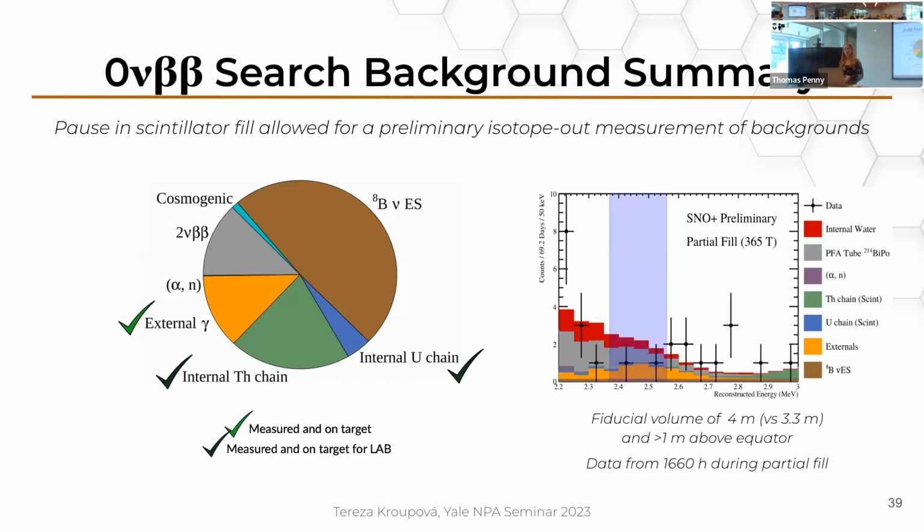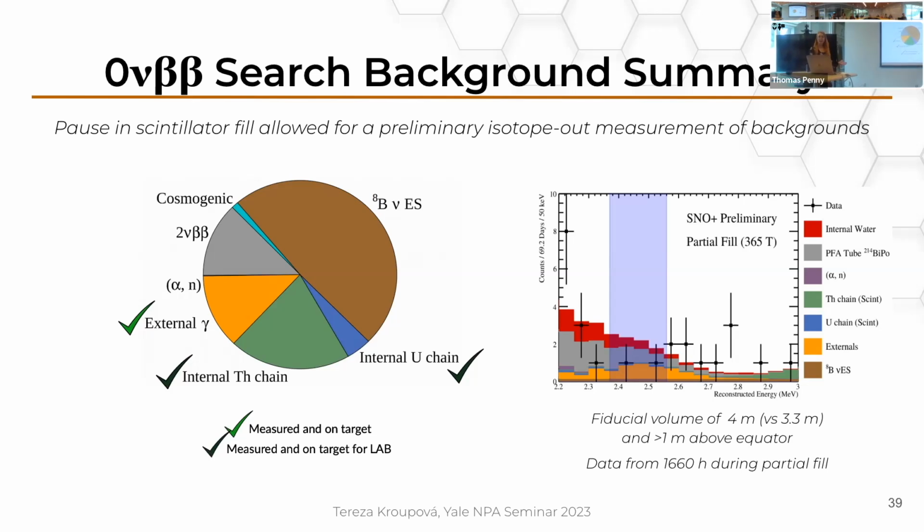Okay, so I said we've already done some isotope measurements, and this is an analysis done in the partial fill phase. That complements all of the measurements I've mentioned, and they're all in agreement. That's denoted by these sticks here: we understand the internal backgrounds, we understand the external backgrounds.